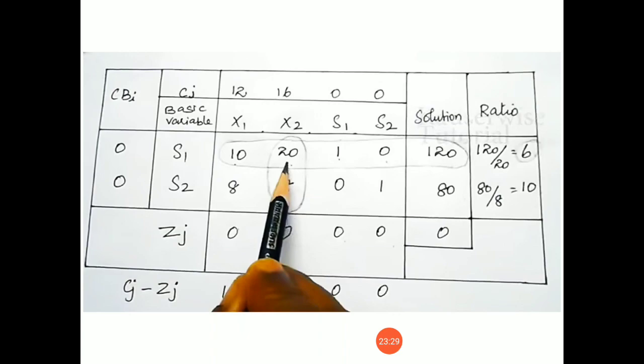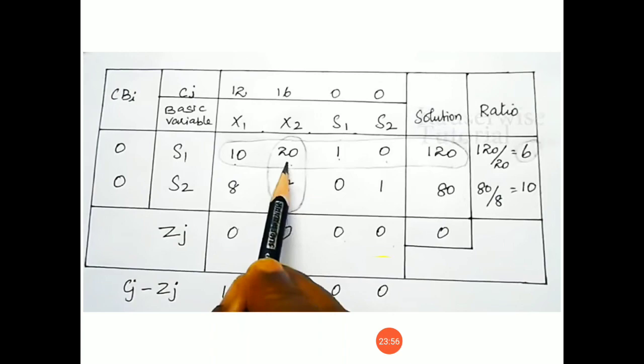So here the entering variable, that is the variable corresponding to the key column, is x2. And the variable corresponding to the key row is called the leaving variable, and here it is s1.